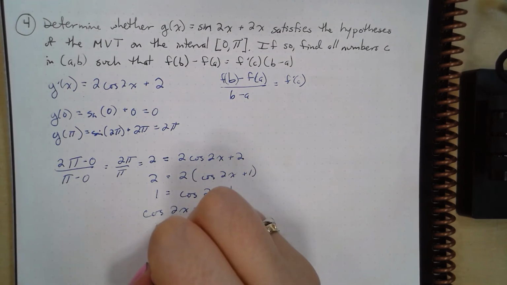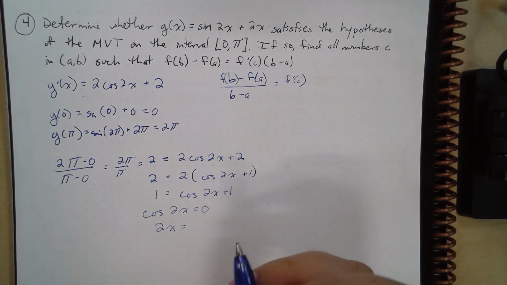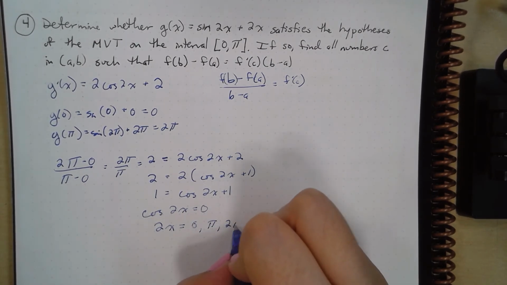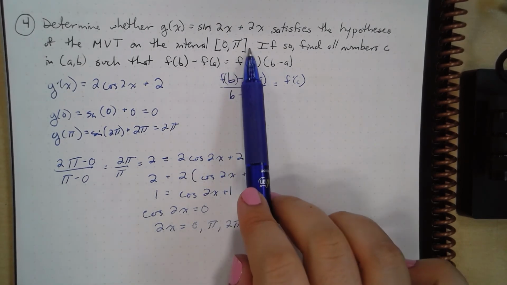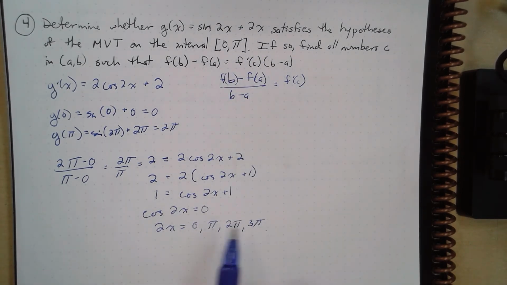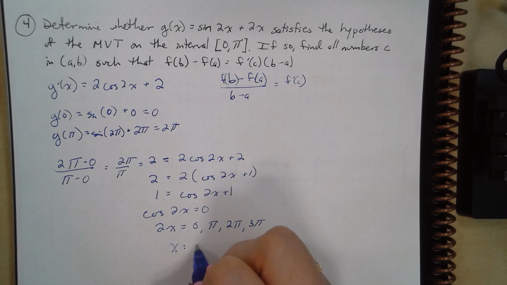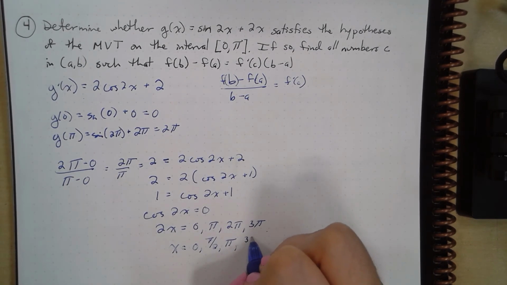So now I have that 2x could be equal to, well, when is cosine 0? It's equal to 0 at 0, pi, 2 pi and 3 pi. And I wonder if right now you're thinking, but Miss Brady, this only goes from 0 to pi. Why'd you do this? Well, here I have 2x, so I'm actually not done solving. And if I divide everything by 2, I'm going to get my x values could be equal to 0, pi over 2, pi and 3 pi over 2.